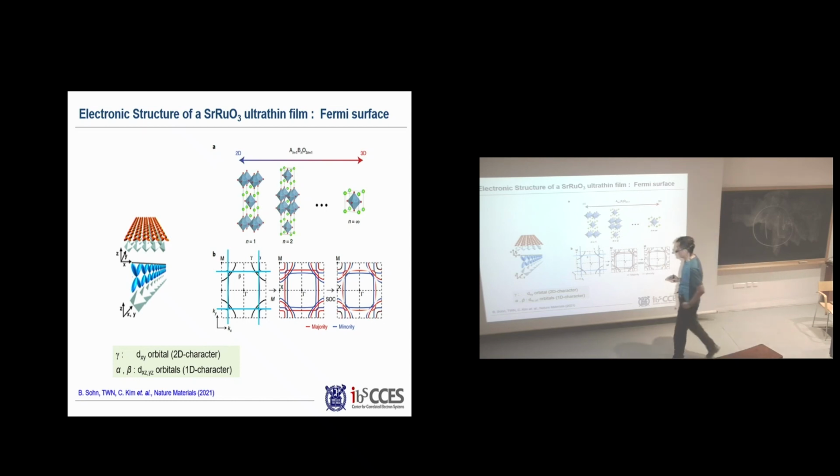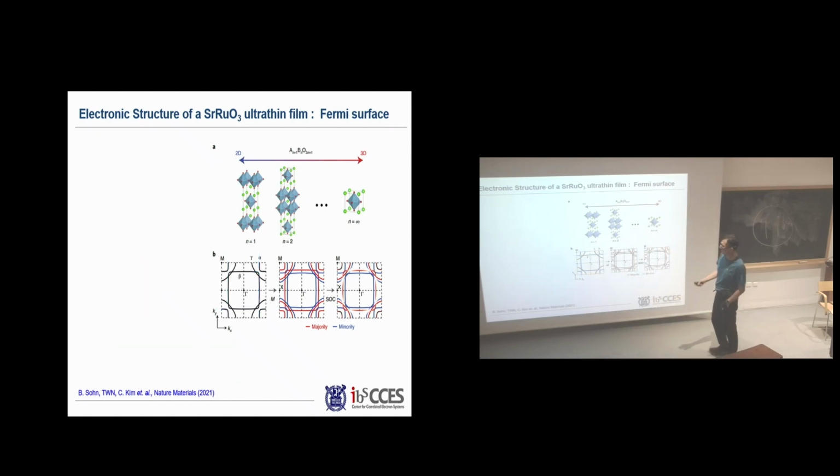On the other hand, we have the XZ orbital as well as the YZ orbital, but they are pointing this way, terminated by the substrate and the air. So it has only a one-dimensional channel. So that's the reason you have a dispersion curve like this, one-dimensional.